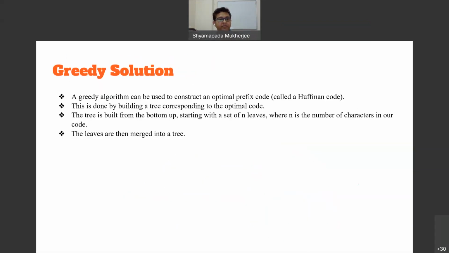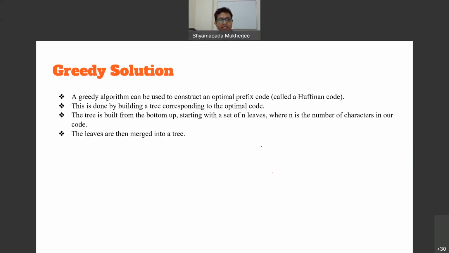So it has the optimal substructure property also. To create an optimal code word for the different characters, we start with the code word for the most frequent character.